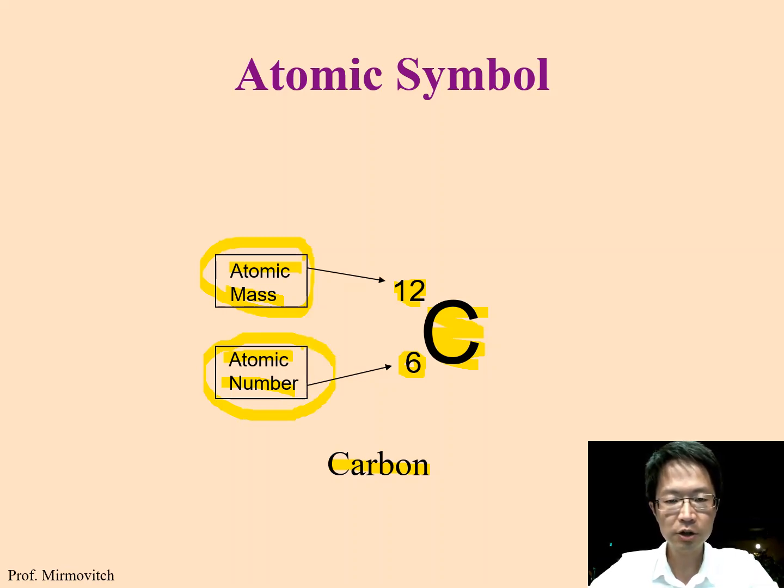And make sure you know the definition of the two, because I guarantee that I will test you in the exam about the simple addition or subtraction. Addition, basically I'll give you the number of protons and number of neutrons, and then you tell me the atomic mass. Subtraction is basically I give you the atomic mass number and atomic number, and then you give me the number of neutrons.